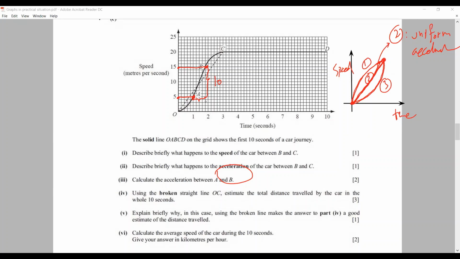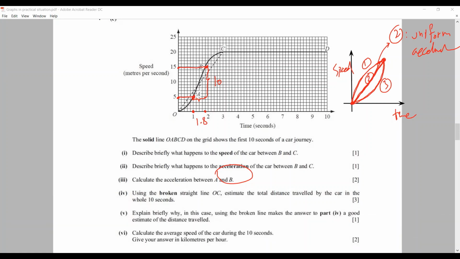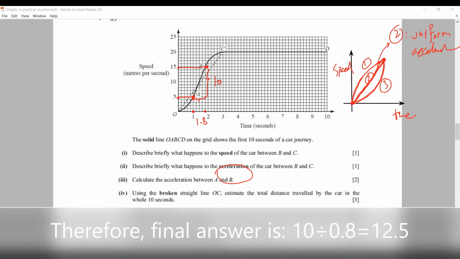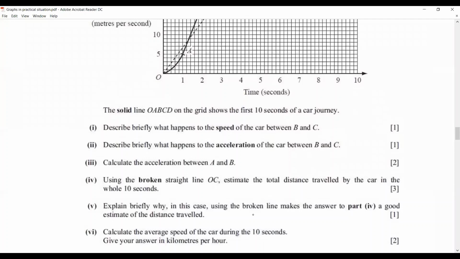B is located here, I think that's 1.8, and A is at 1. The difference is 1.8 basically. So 10 divided by 1.8 gives me 5.6.